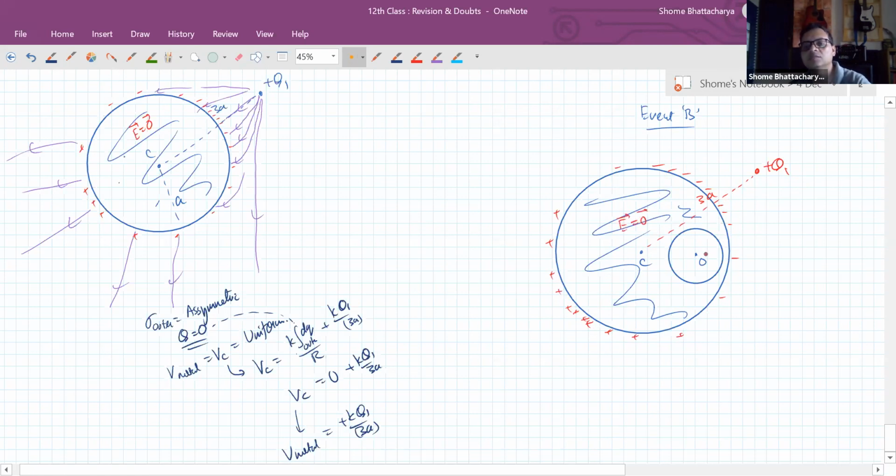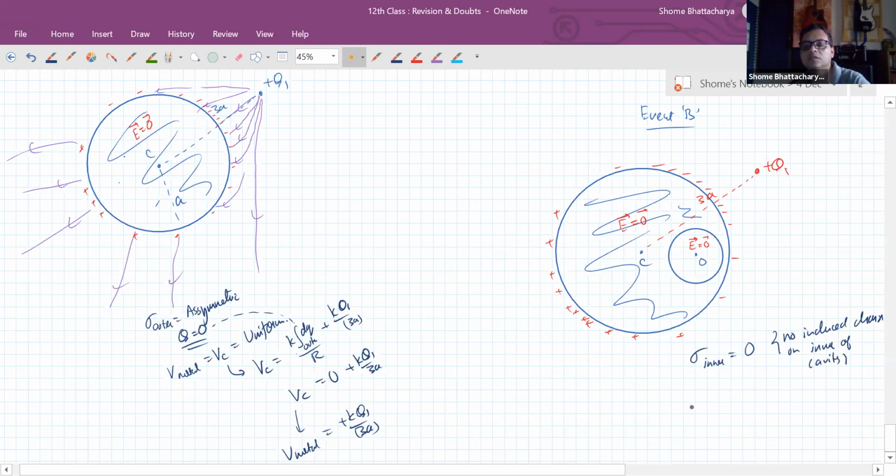So in this case, even the electric field in the cavity will be 0, because I'm not placing any charge inside. So there's no induced charge on the inner surface. So because of event B, the sigma on the inner surface is 0. There is no charge on the inner surface of the cavity at all.